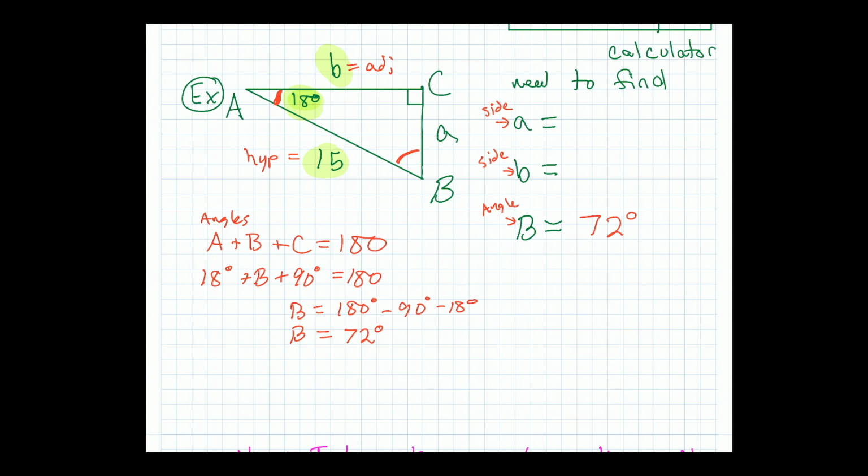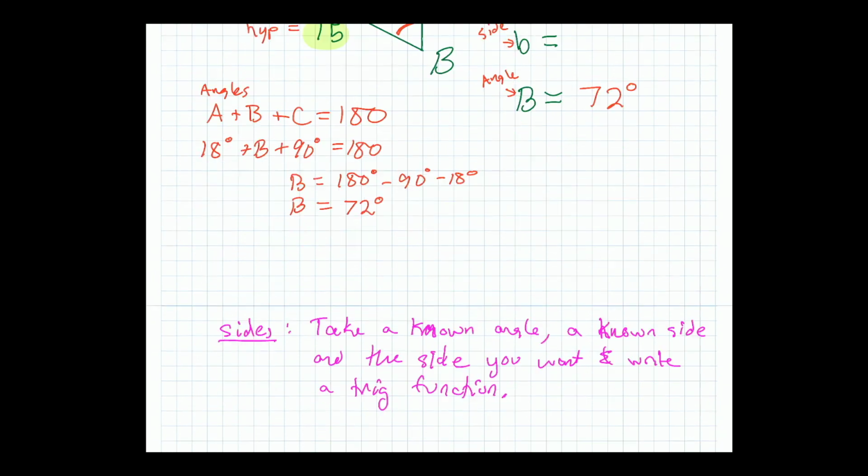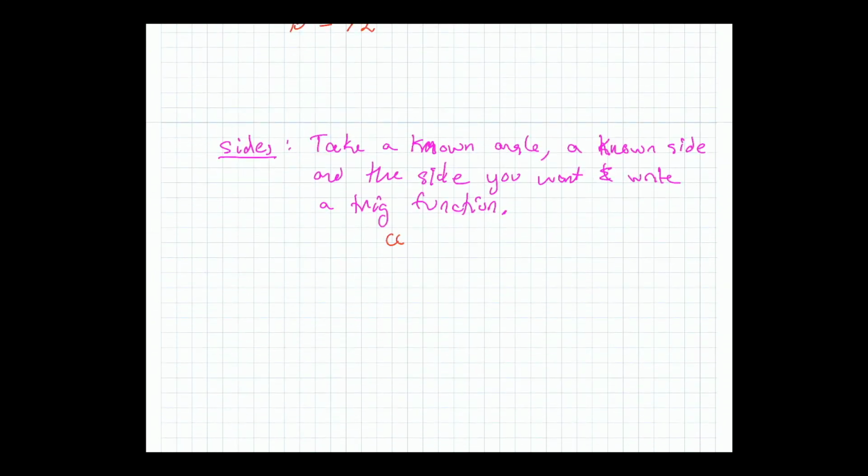So for us, with the B, the 18, and the 15, I have a theta, an adjacent, and a hypotenuse. Adjacent and hypotenuse suggests that I should use a cosine. In general, cosine theta is adjacent over hypotenuse.